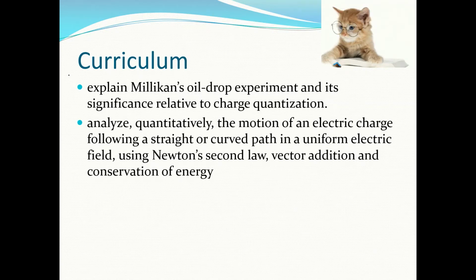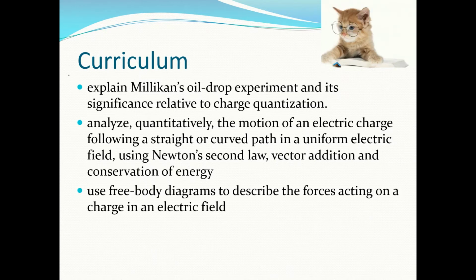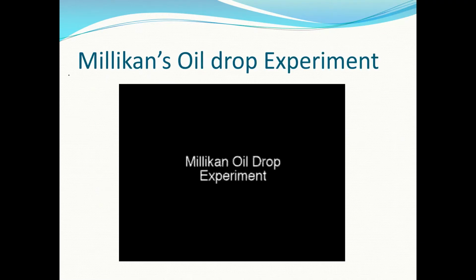Analyze with numbers the motion of electric charge following a stated curved path in a uniform field using Newton's second law, vector addition and conservation of energy. Use a free body diagram to describe forces acting on a charge in a field. And that's all. So instead of explaining Millikan's oil drop experiment, I'm going to show you this video of Millikan's oil drop experiment. And yeah, it explains everything really nicely.